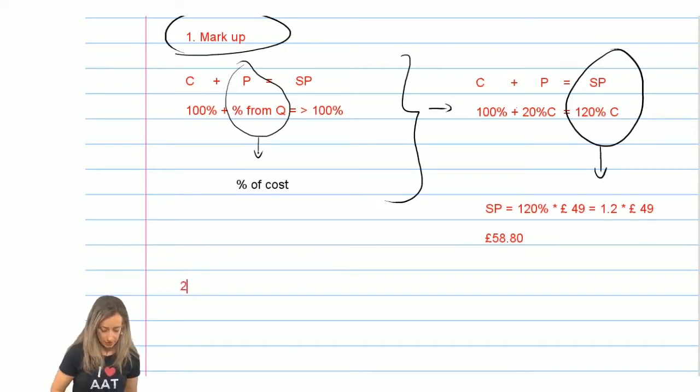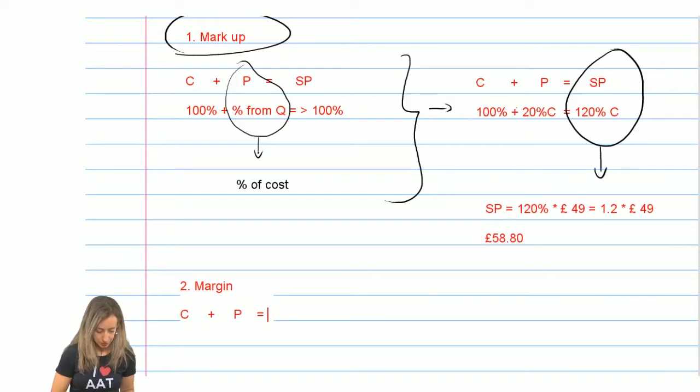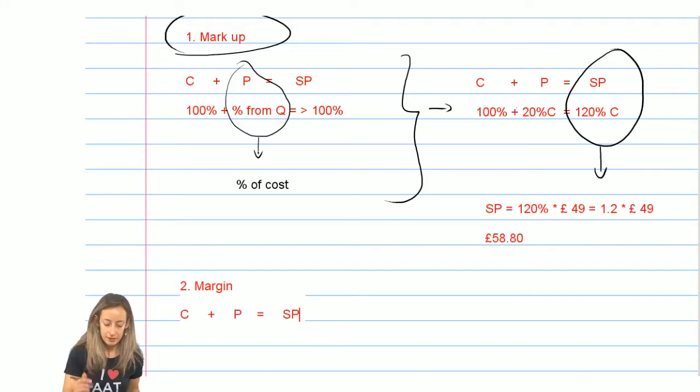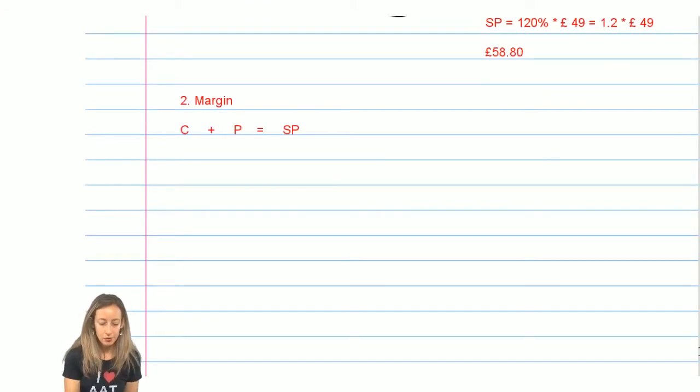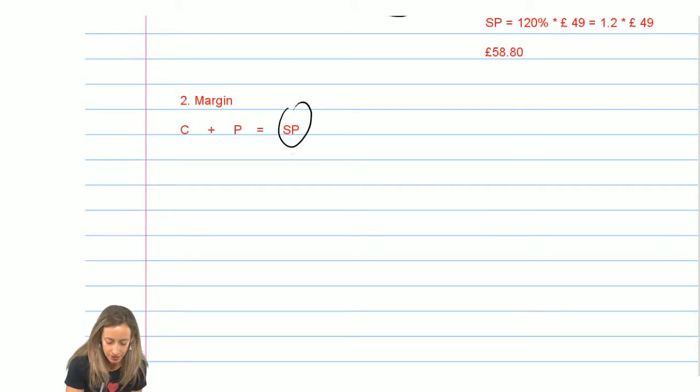Okay, when we're setting selling price using sales margin, what we're saying is, again, we use the same idea that we've got cost plus profit equals the selling price, of course. But what we say in this situation is something slightly different. With sales margin, the selling price is the thing that is 100%, okay?